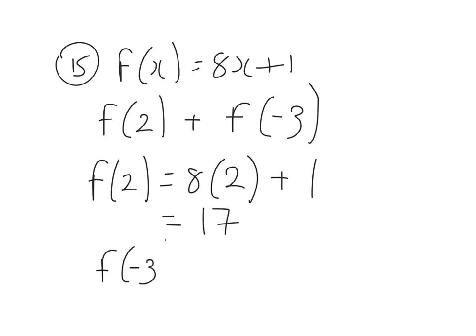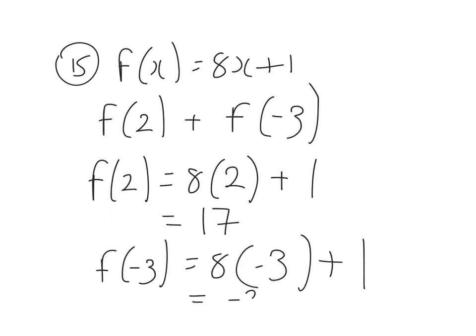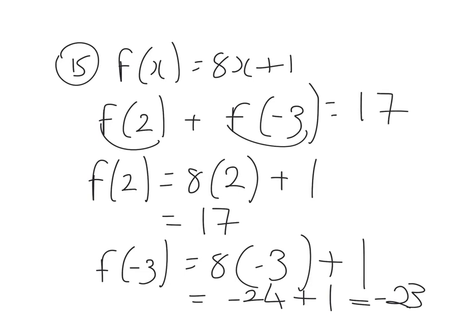F of minus 3 is 8 lots of minus 3 plus 1, that's minus 24 plus 1, and that is minus 23. Add them both together, and that will be 17 plus minus 23, 17 minus 23, and that's minus 6.